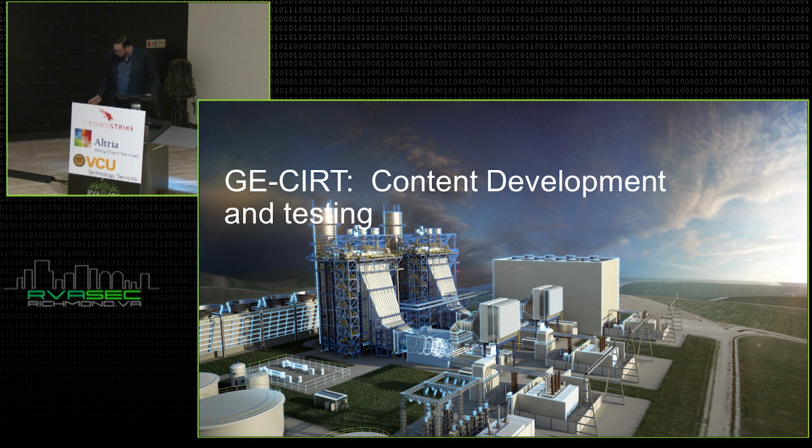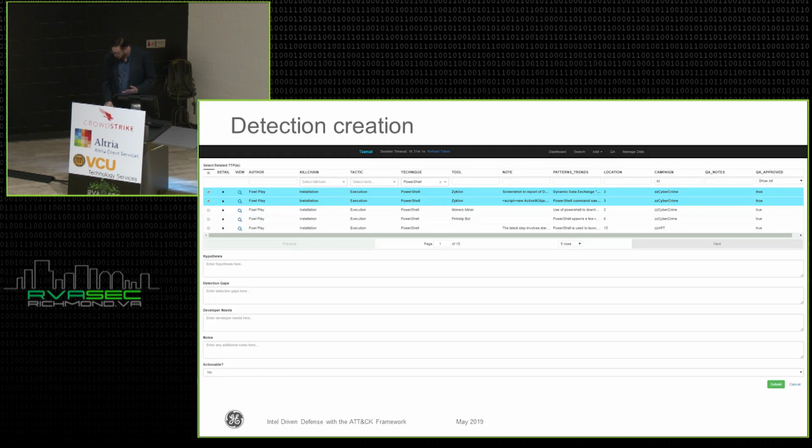So once the collection process is completed, we work with the incident responders to analyze and exploit all the information that's in Tiamat. So the incident responders will take this intelligence and turn it into custom content development for deployment across our enterprise environment. So when they're working in Tiamat, incident responders can filter on a technique that will be used in their detection creation.